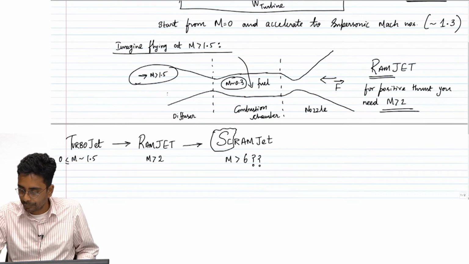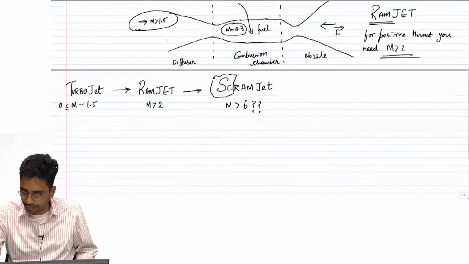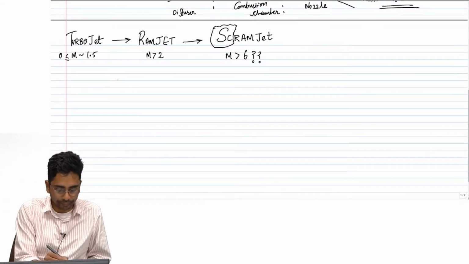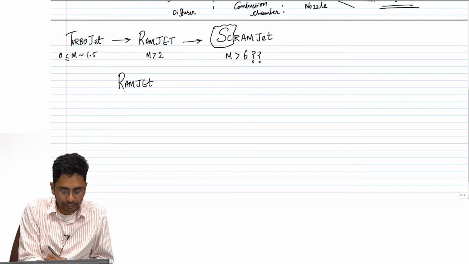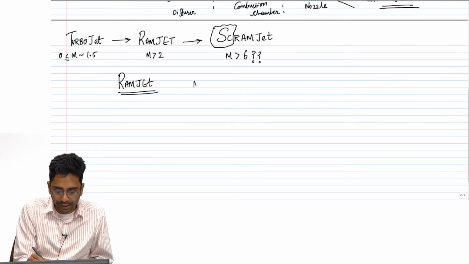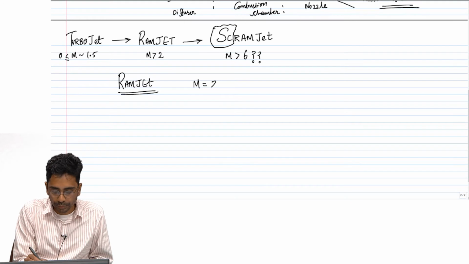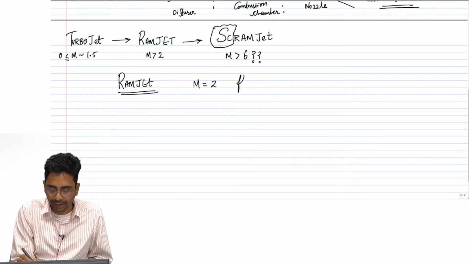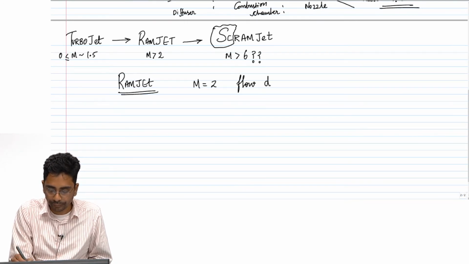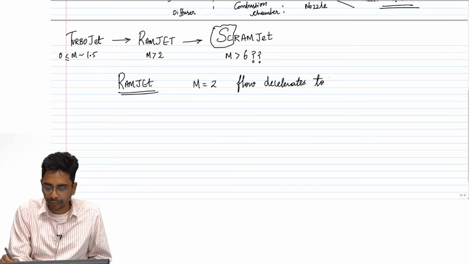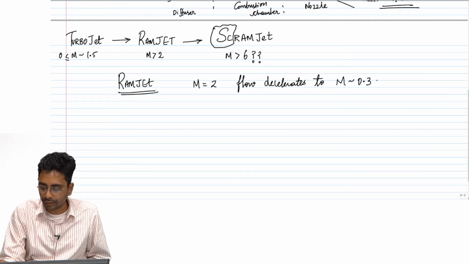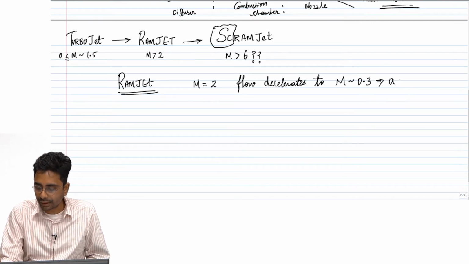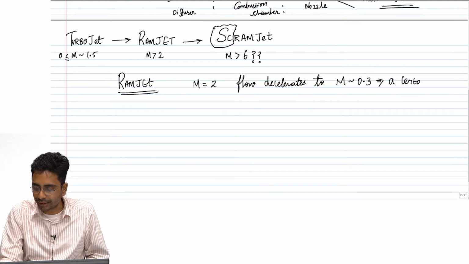So in a ramjet flying at Mach 2, flow decelerates to Mach 0.3. This implies a certain increase in static temperature.